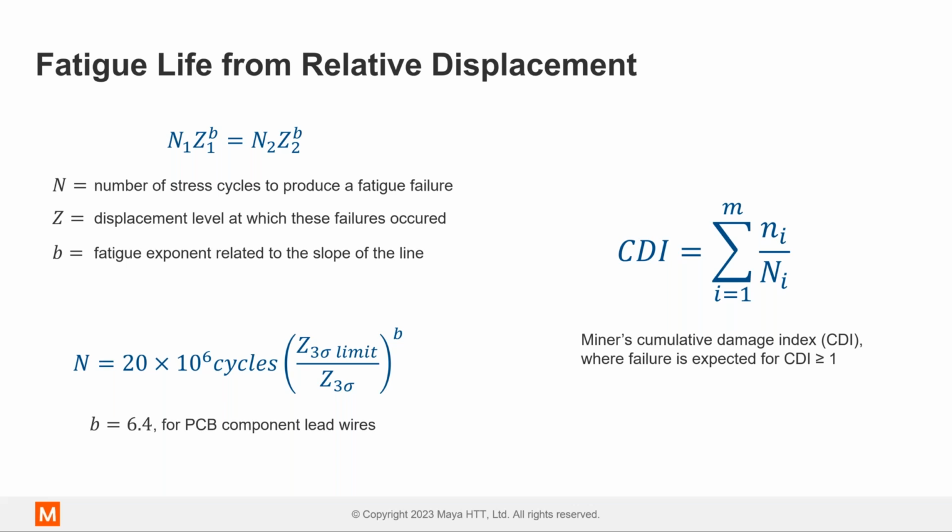Now you can do some interesting things with this as well. You can look at the main frequency and base your number of cycles per second off your main frequency, say it's 250 hertz or something.